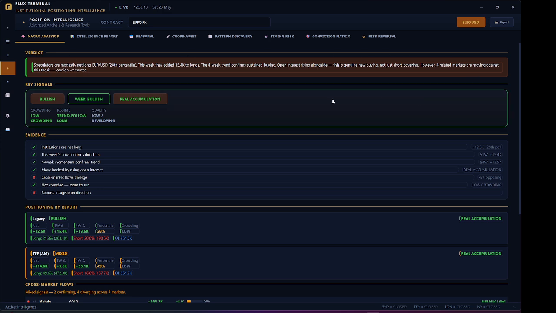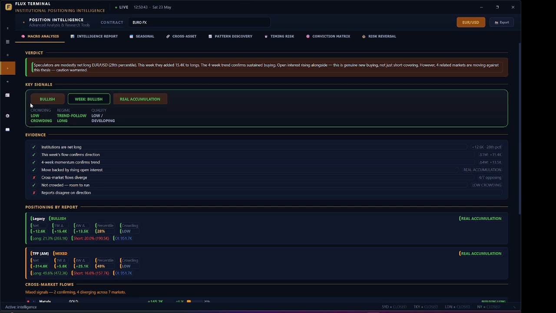At the top, it summarizes everything to show you the actual direction of the selected contract. So what are the institutional positions, what are they doing for that contract. This is a narrative summary of how and what they do.